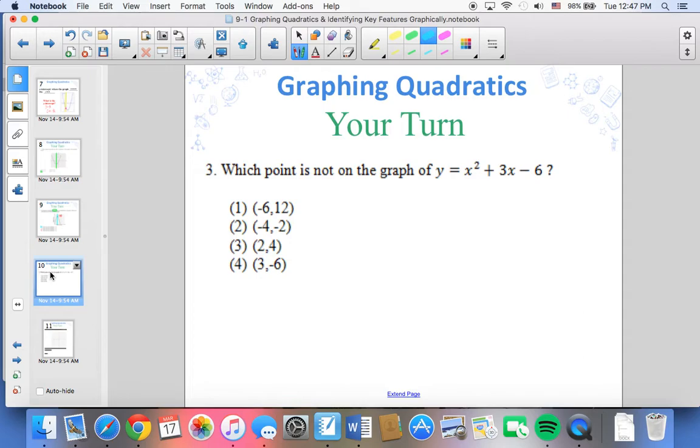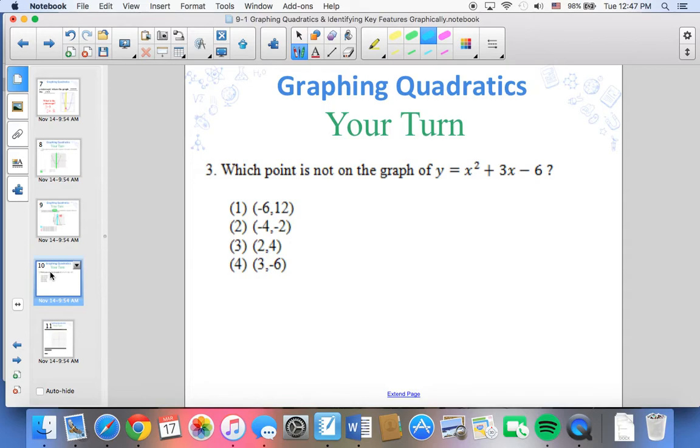Let's go to y equals, and let's type in x squared plus 3x minus 6. So let's do that. And now let's go to the table. That second graph brings you to the table, and that table tells you all these points that are on this parabola, on this graph of x squared plus 3x minus 6. So all we have to do is check the 4 choices and see which one is not on there.